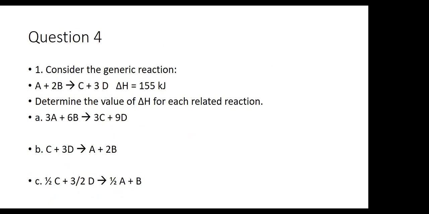A plus 2B goes to C plus 3D. Delta H is 155. For A, B, and C, I have manipulated that problem. I want you to tell me what the new value of delta H is for each of these reactions. So try and solve that for A, B, and C.